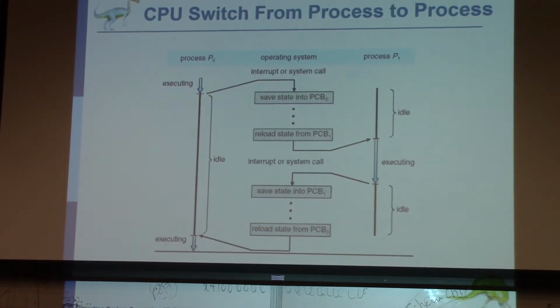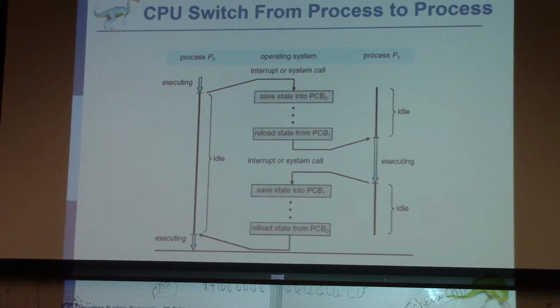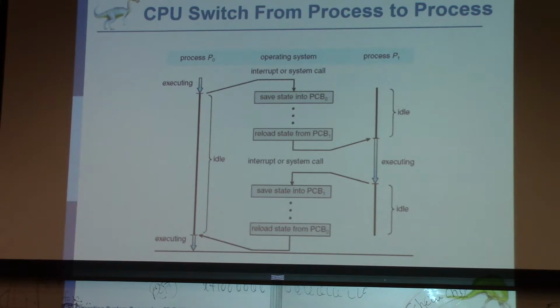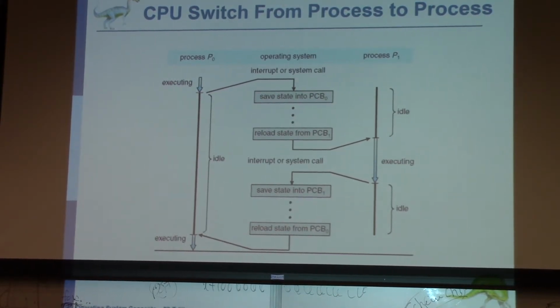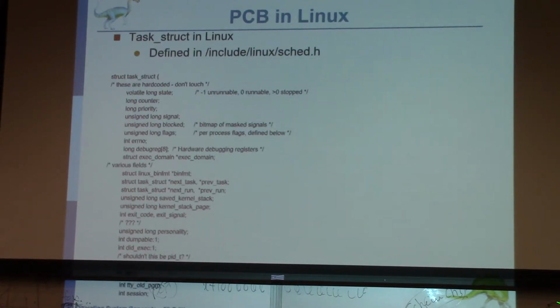So it's a waste of time. The more context switches you have, the worse the performance. So you need to find the optimum. That is another tuning point with the system. So that is a context switch. We will discuss that part in scheduling also.